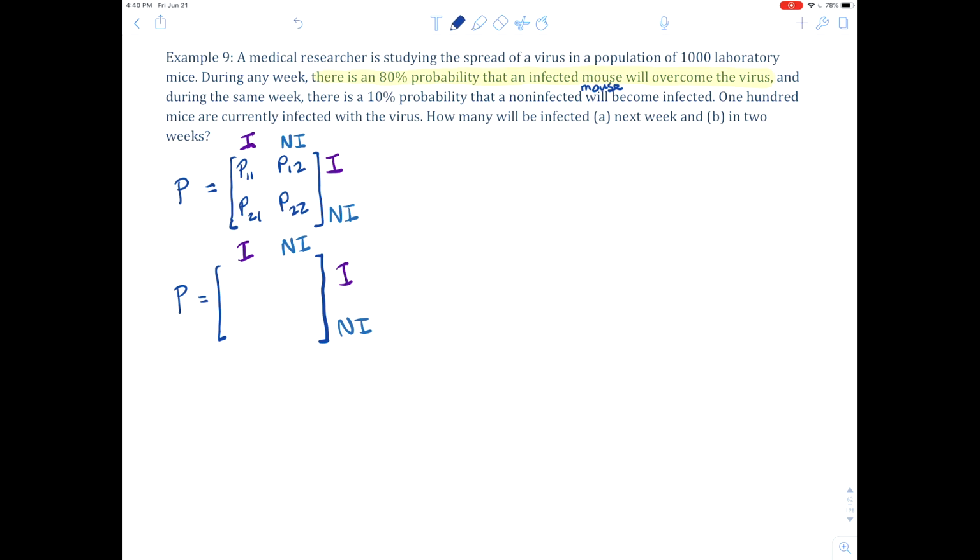Okay, so starting infected and then switching to non-infected would be in the what? What do you think? It's got to be in the second row, first column, because this value here, 0.8, which is 80%, means that we started infected and then we switched to non-infected. Cool, cool?